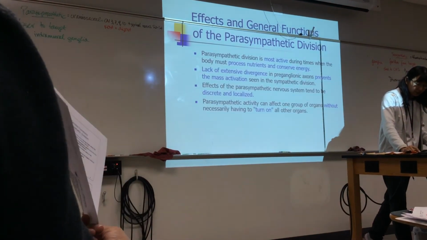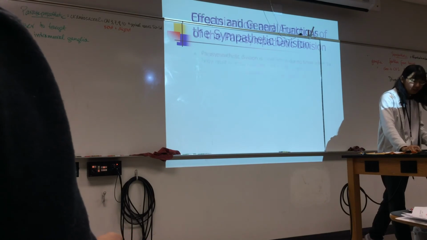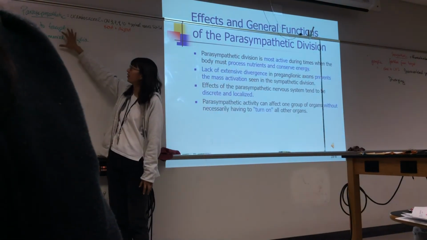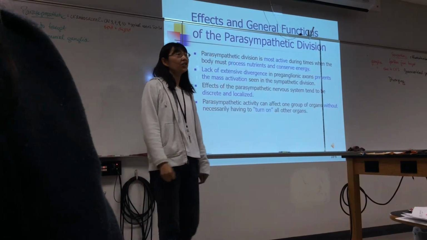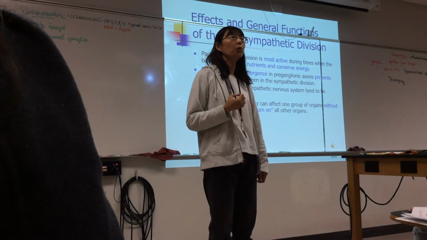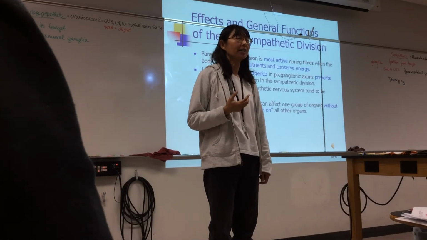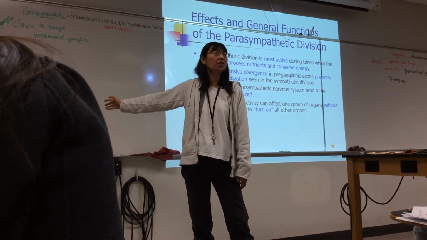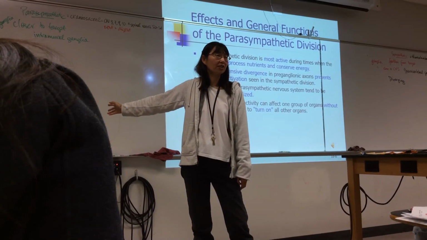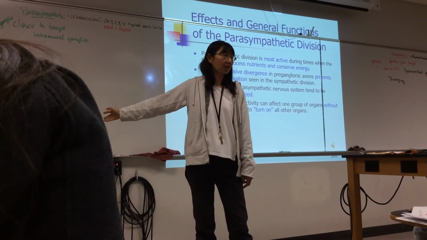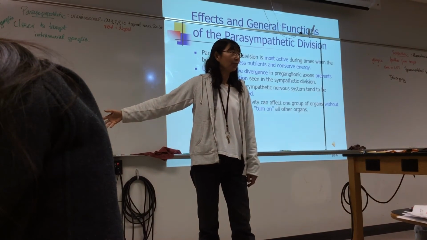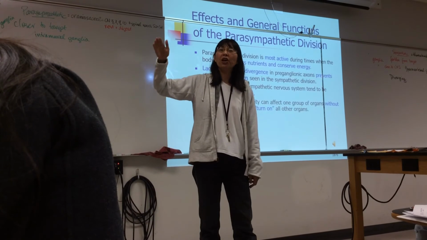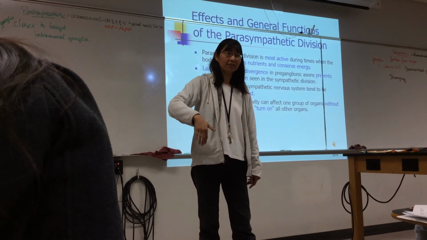So, in general, I need you to understand the parasympathetic, these structures here, and I need you to understand the effect. So will it stimulate the stomach or not? Parasympathetic, will it stimulate the stomach? Yes. Will it stimulate the heart? Sure. Do you want your heart to be stimulated when you're digesting your food or resting? No. So for the heart muscle, it will calm it down. Make sense?